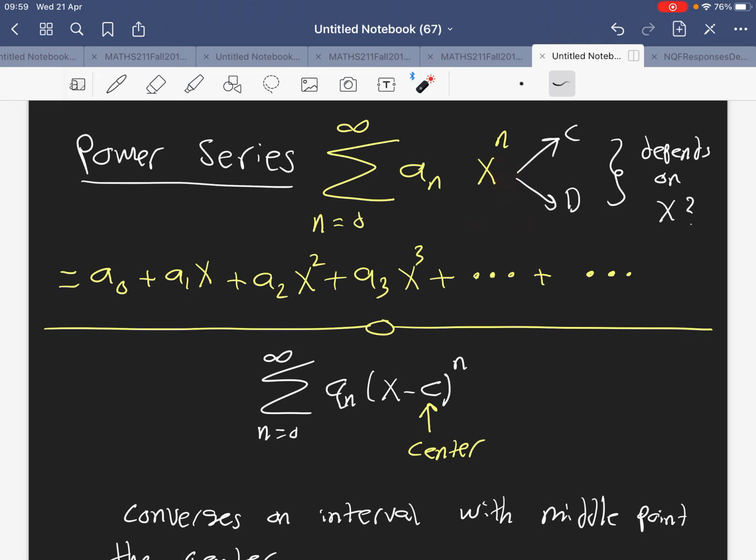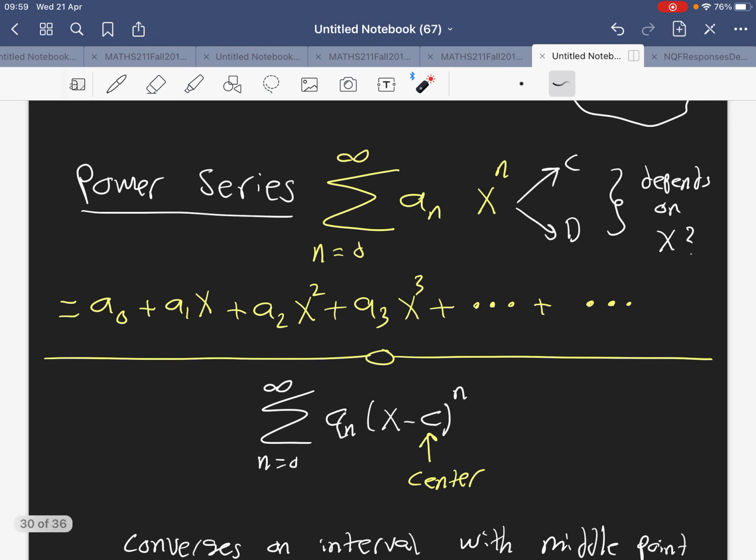So just be careful. Sometimes there is x minus something to the power of n. It's really important that you know what the center is, because everything will depend on the center. Here the center is 0, and here the center is c.